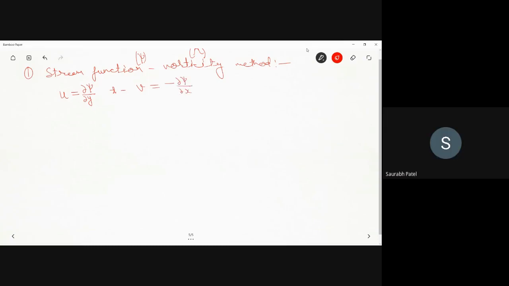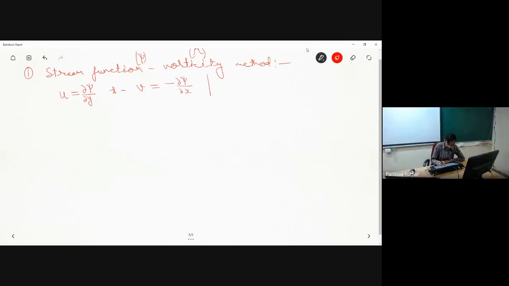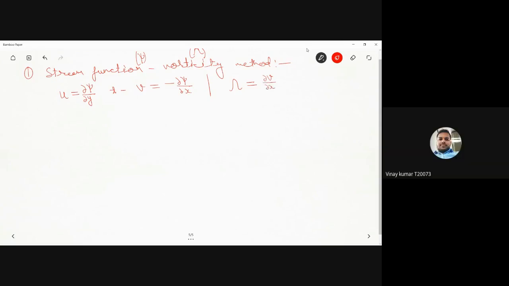What about the omega vorticity field? For a two-dimensional situation, we will have vorticity in the z direction, which is normal to the plane. That vorticity will be del v by del x minus del u by del y.